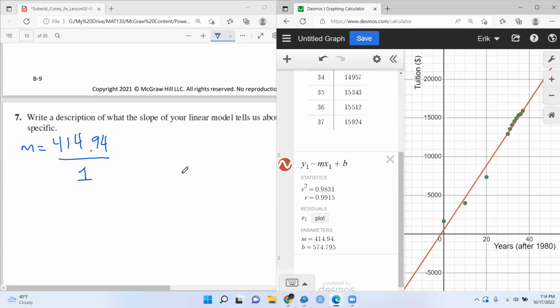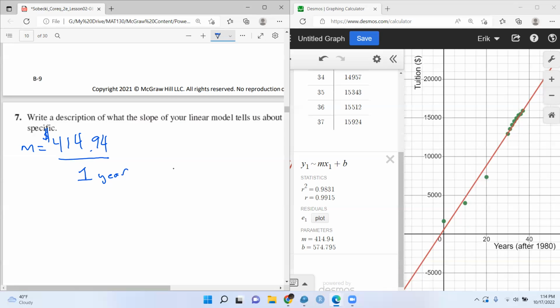So if we put the units in, it's $414.94 per 1 year. So if we're going to interpret this, can you all write that sentence, just like you're going to do in the project and on the worksheets and on the review and on the midterm? How would we turn this slope into a sentence?